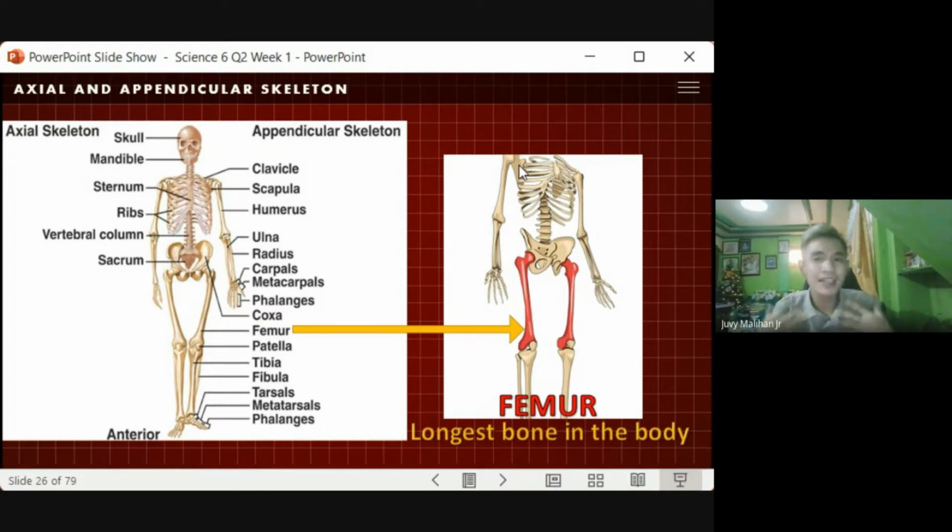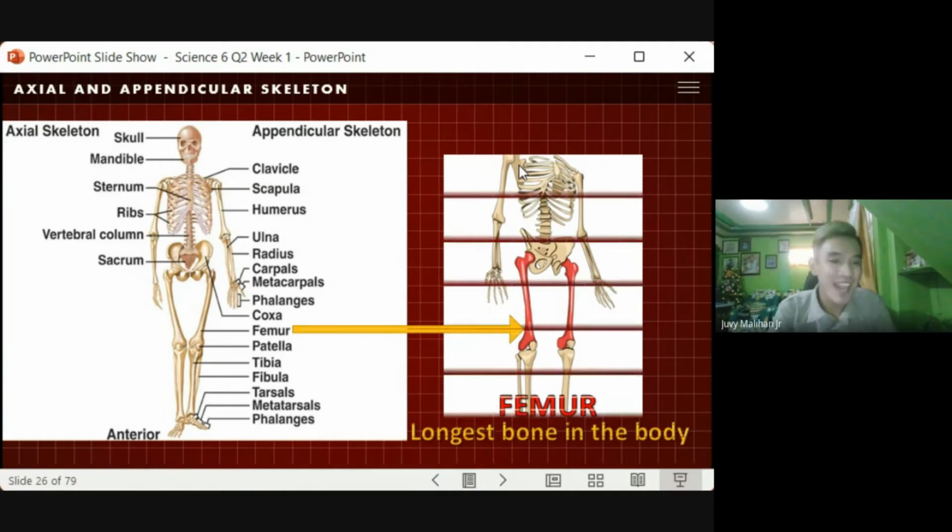So where could we find our smallest bone? Alright, so our smallest bone, class, can be found in our ear, and that is the stapes. Okay, take note, the smallest bone in our body can be found in our ear, particularly the stapes. And our longest bone in the body is the femur.